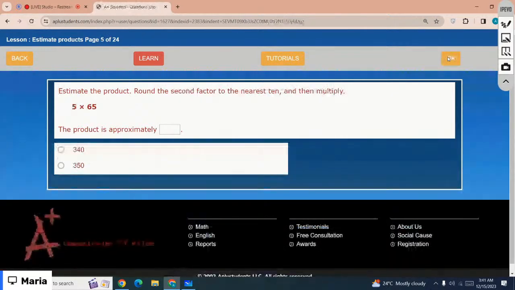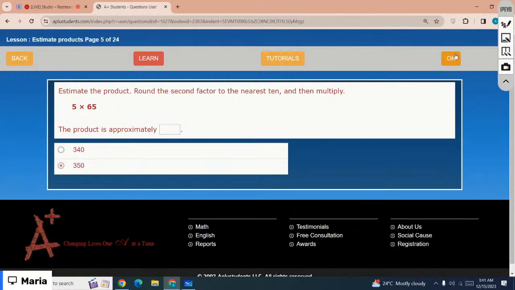Estimate the product, round the second factor to the nearest 10 and then multiply. So which is the correct option? 65 is rounded off to 70, and 70 times 5 is 350.